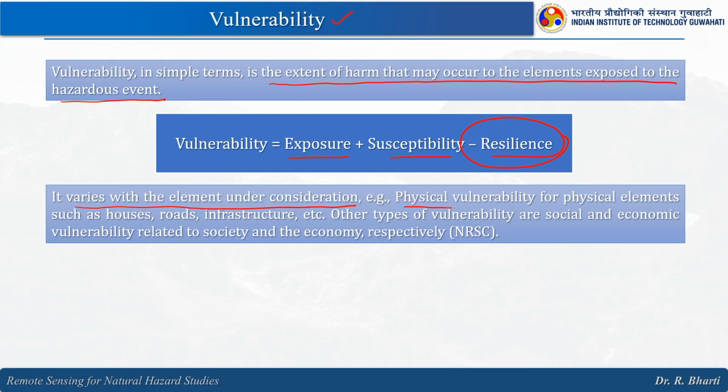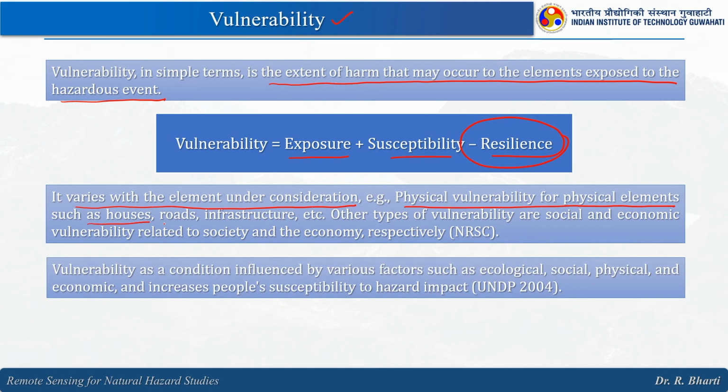For example, physical vulnerability for physical elements such as houses, roads, infrastructure, etc. Other types of vulnerability are social and economic vulnerability related to society and the economy of that particular region or a country, right. Vulnerability is a condition influenced by various factors such as ecological, social, physical and economic, and increases people's susceptibility to hazard impact, right.